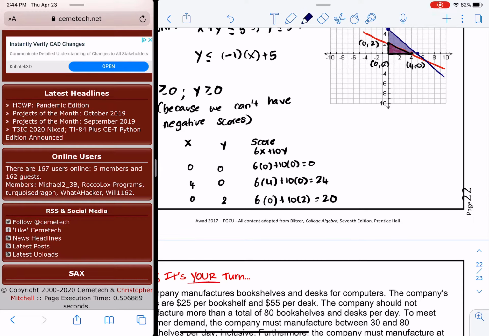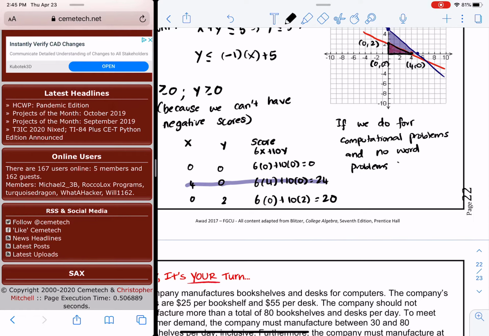So how do we maximize your test score? So if we do 4 computational problems and no word problems, we get a maximum score of 24.